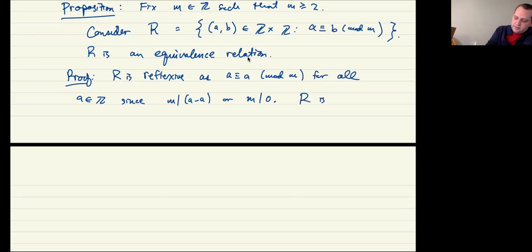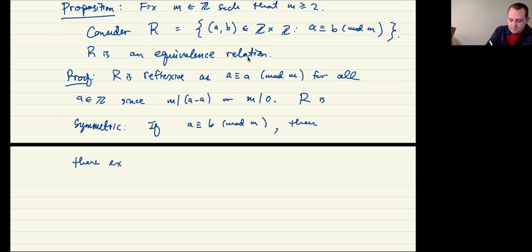R is symmetric because if A is congruent to B mod m, then by the proposition that we just said before, one of the equivalent ways of thinking about this relationship is that there exists an integer k where A is equal to B plus mk.